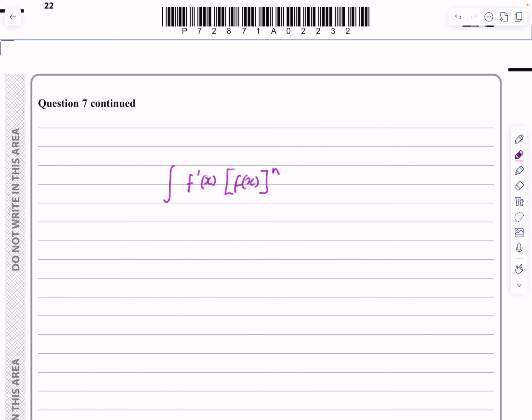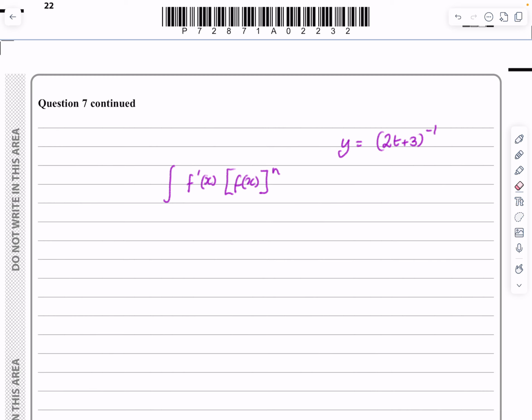What the reverse chain rule says, I'll actually do it for this one now, is if I've got my answer (2t plus 3) to the minus 2, I can guess, if that's dy by dt, for example, I can guess what I thought my original one was. I've multiplied by the power and taken 1 off the power, so I think that was my start off point. So I'm guessing that might be my integral.